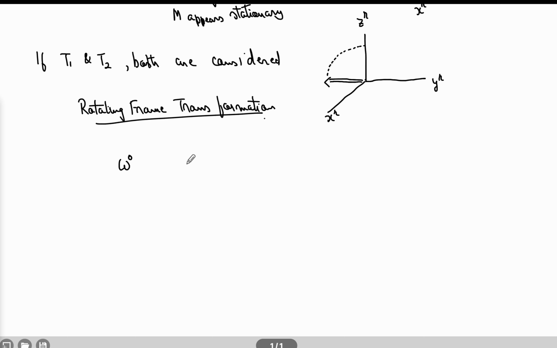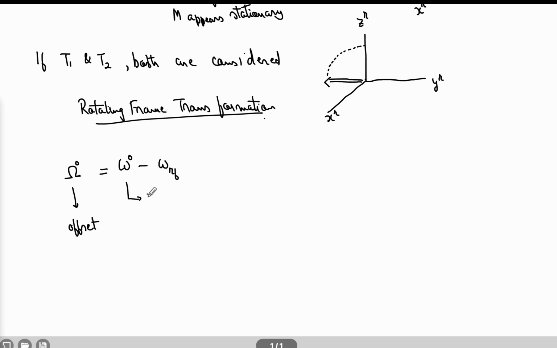Now if your frame is also rotating at some omega, let us call it omega RF, then the actual angular frequency of this will now be given by omega naught minus omega RF, and this is denoted by, let's say, offset, capital omega. So this is called as offset.